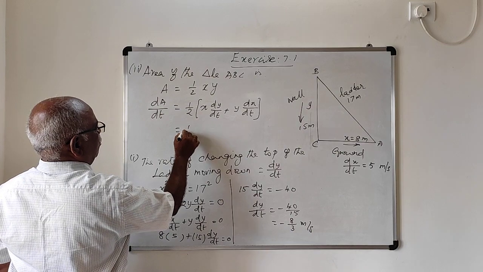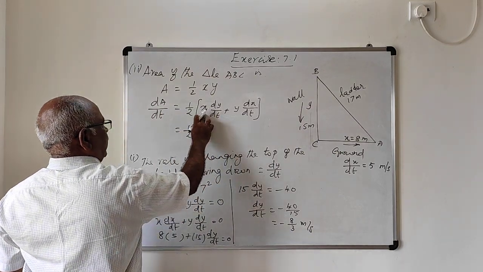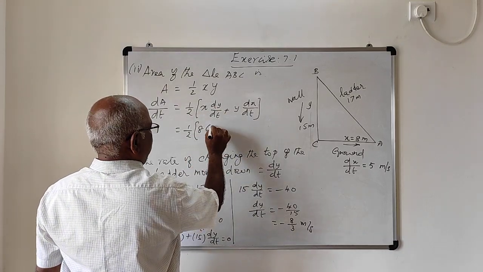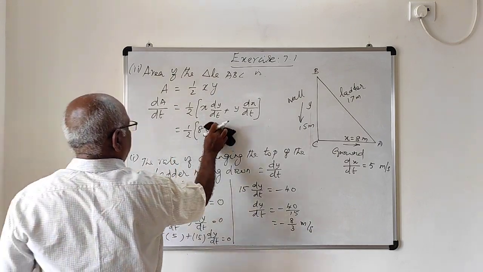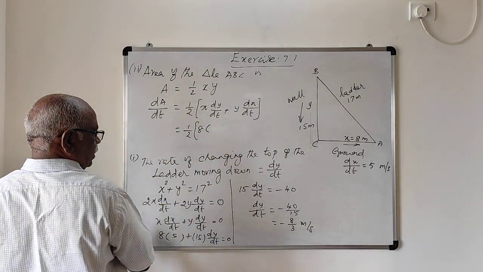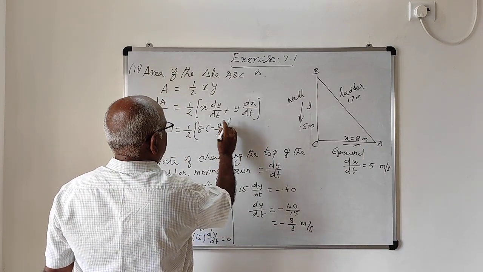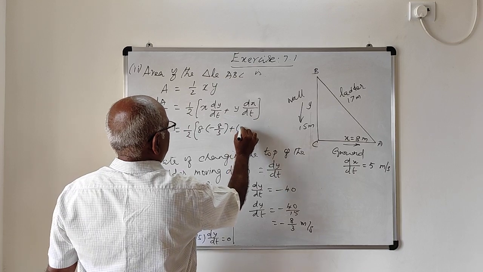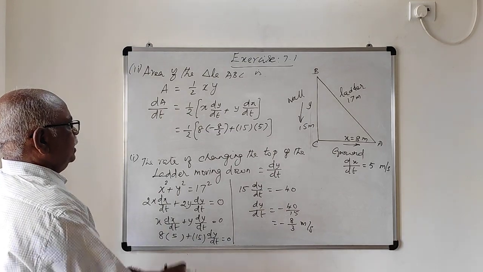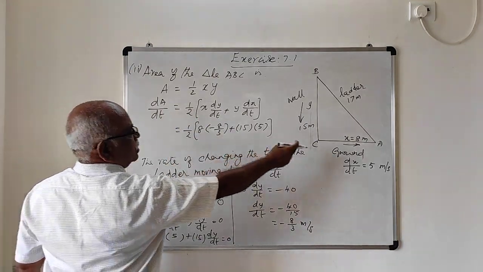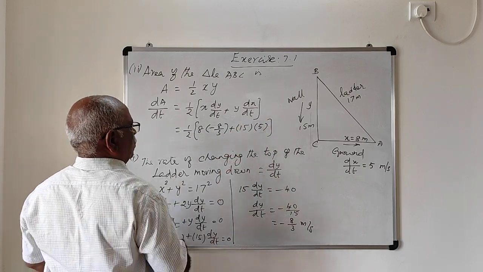That is dA by dt equals half into x, which is 8, dy by dt is minus 8 by 3, y is 15, dx by dt is 5. So dA by dt is half of 8 into minus 8 by 3 into 15, plus 15 into 5.